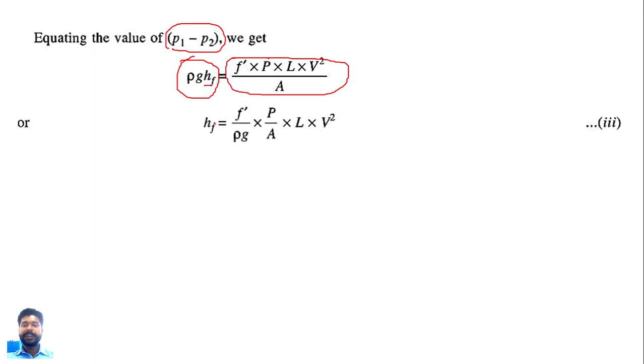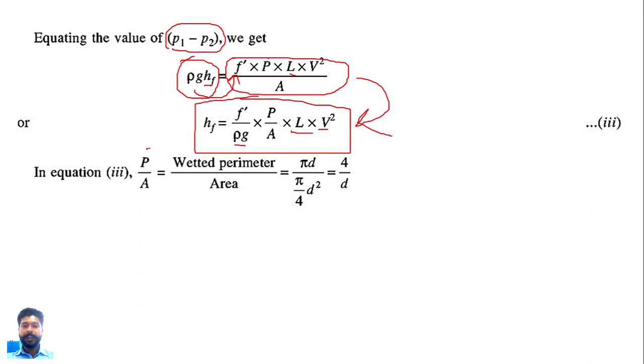So hf, the head loss due to friction, equals F dash divided by rho g, times P divided by A into L into V squared. P upon A is the wetted perimeter divided by area. The wetted perimeter is pi d, and the area of the circular pipe is pi by 4 d squared, so P upon A is 4 divided by d.